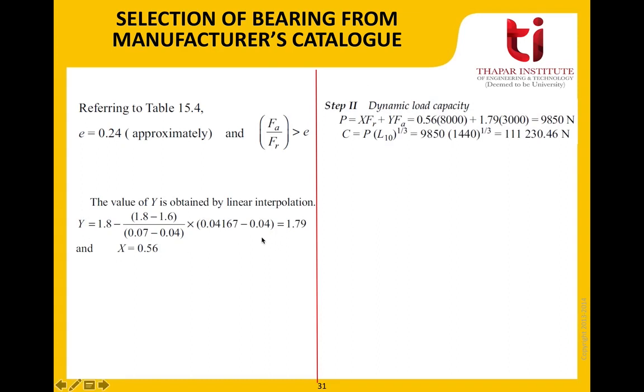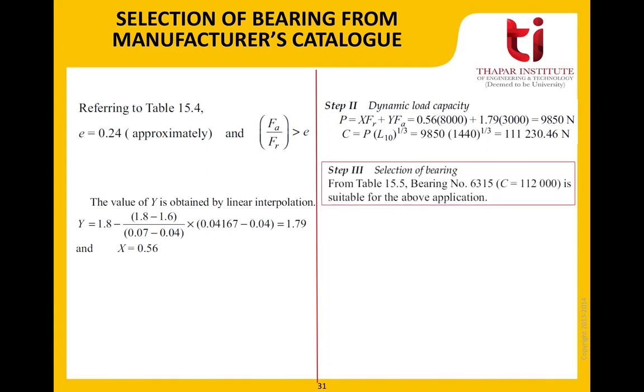So we interpolate it and we get the actual value of Y to be 1.79, and we reevaluate the terms, that is P for equivalent dynamic load, and we get it as 9,850 Newton. We reevaluate our C value, that is the dynamic load capacity, and we update it to 111,230.46 newtons.